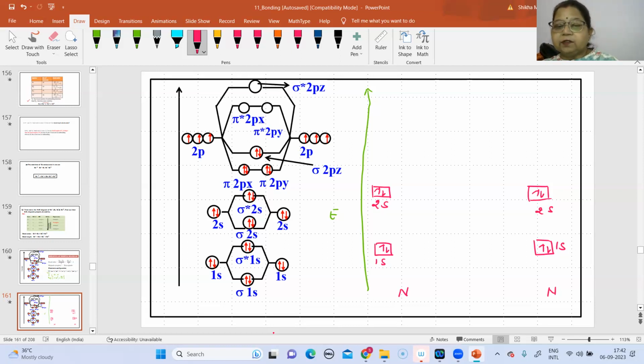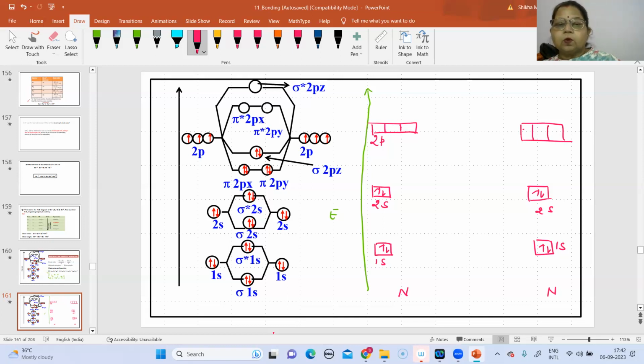Moving on, we will have the 2p orbital of nitrogen. So 2p will be having 3, and similarly the 2p orbitals of this nitrogen will also have the same thing, right?